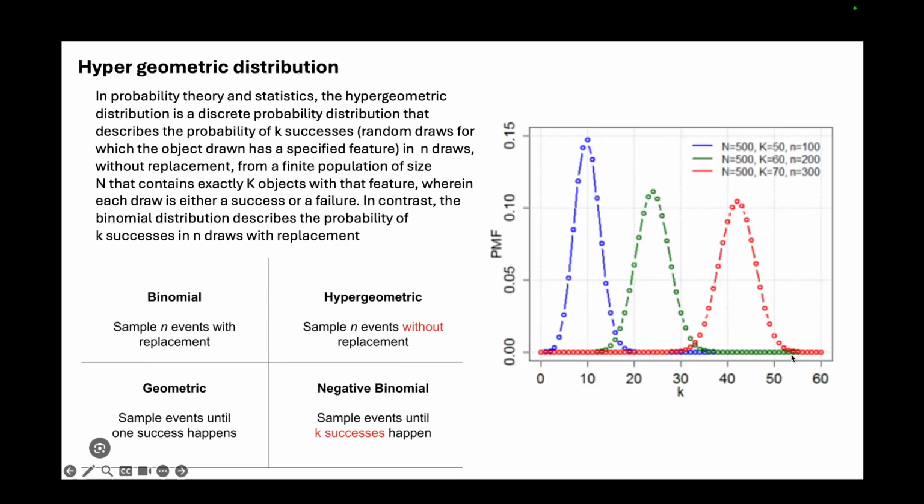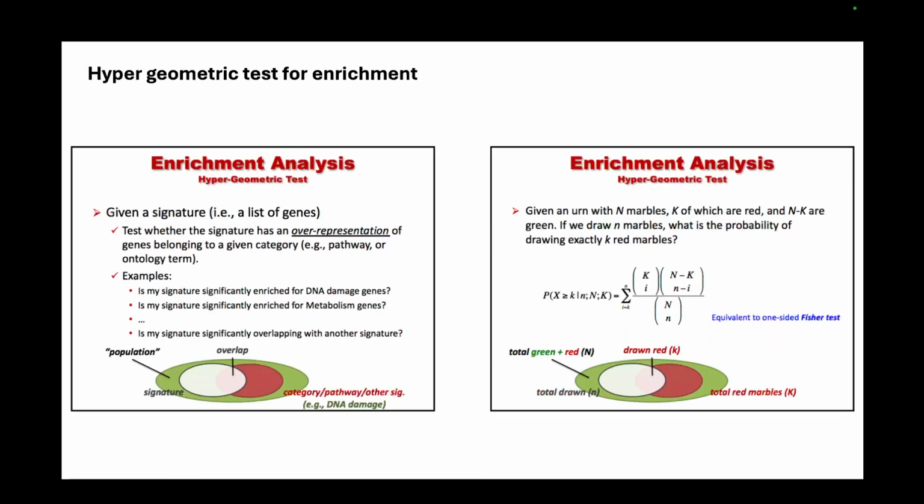Small k is the number of successes here, not the big K. So based on that, you can have distributions like this. This is how a hypergeometric distribution looks, right?